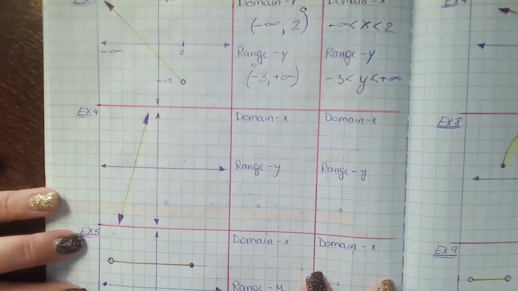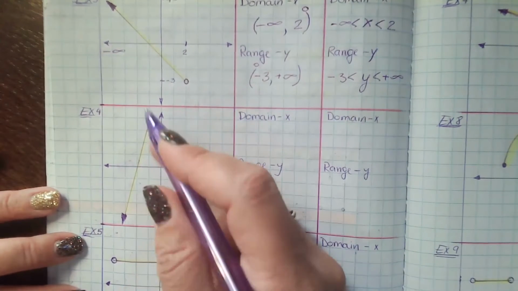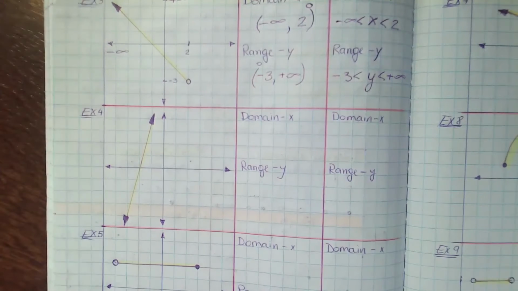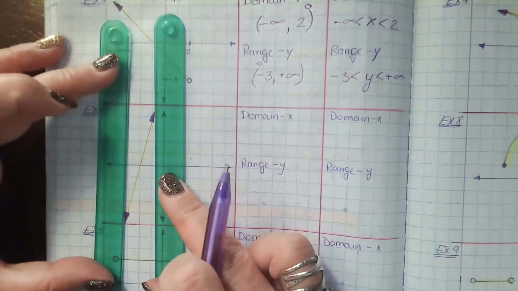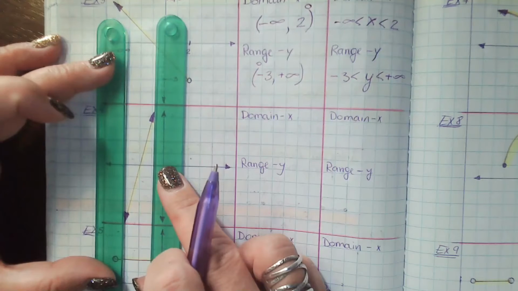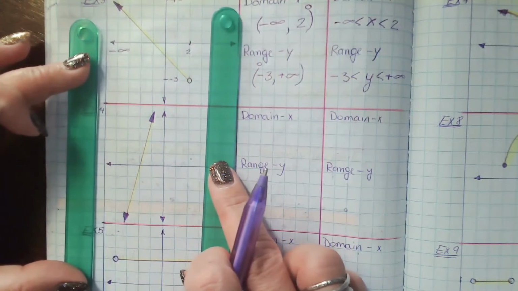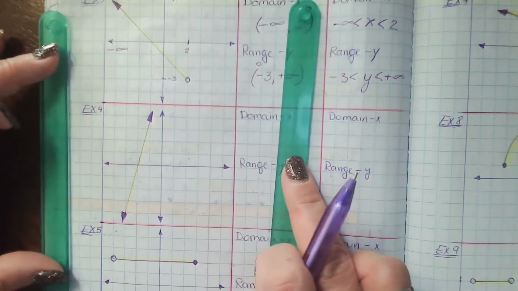A different situation. So I have the line extended both ways. That means that if I want to look at the domain, it's not where the arrows stop. The arrow says extend both directions.